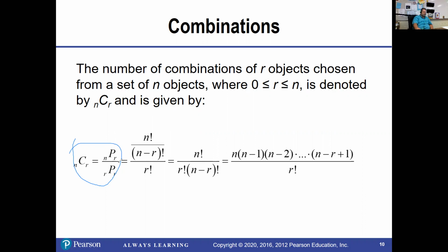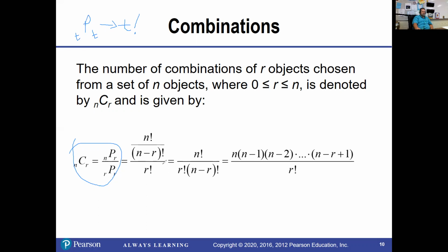Now, FYI, any permutation where this letter is the same as this letter is basically that number factorial. Okay? So notice this is the definition of permutations of n taken r at a time, all over r factorial, which is this here.